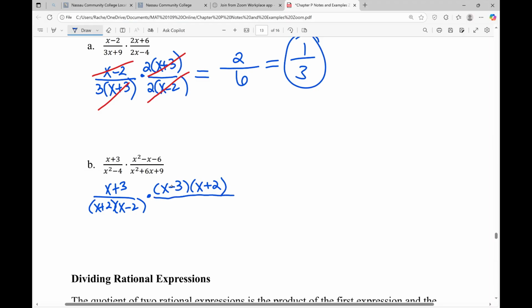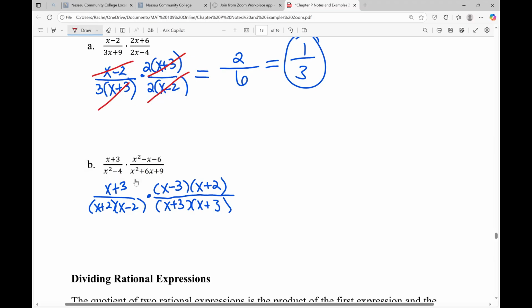All right. Now we have x squared plus 6x plus 9. So let's factor that. What 2 numbers multiply to 9 and add to 6? That's going to be a +3 and a +3, right? 3 times 3 is 9, and 3 plus 3 is 6.